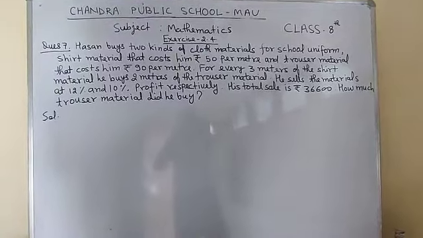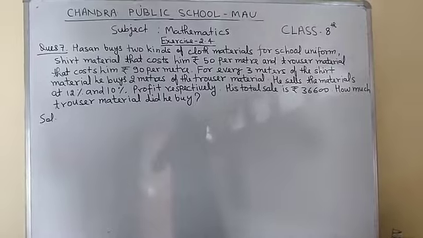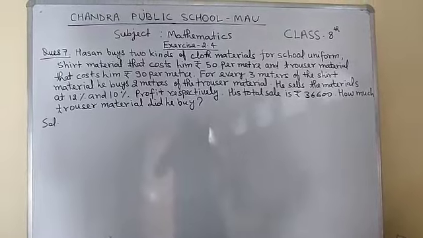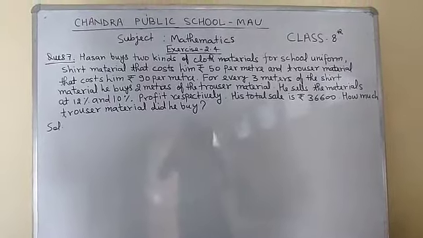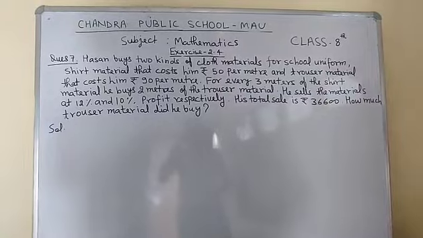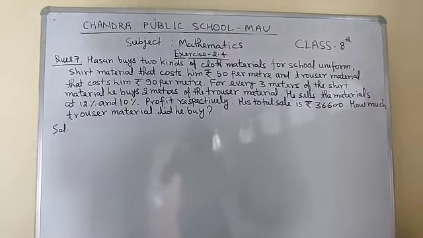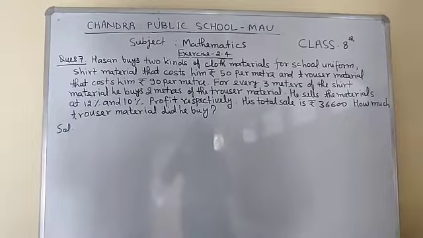So here the question is based on two kinds of material, the shirt material and trouser material, and the cost of both per meter is given: shirt cost per meter is 50 rupees and trouser cost per meter is 90 rupees.